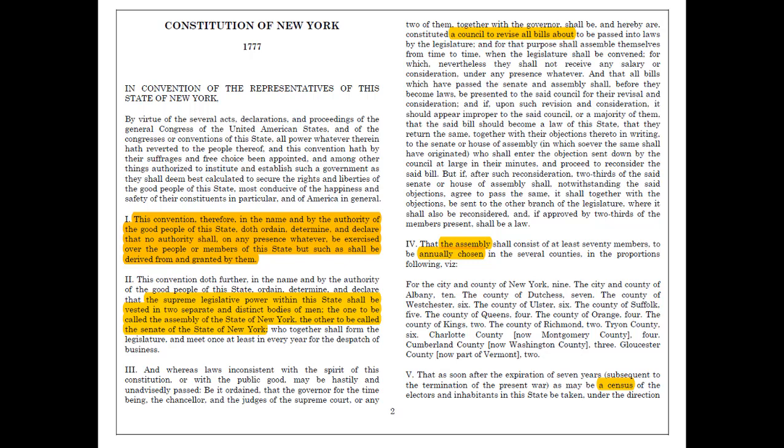Article 3 reads, "And whereas laws inconsistent with the spirit of this Constitution or with the public good may be hastily and unadvisedly passed, be it ordained that the governor for the time being, the chancellor, and the judges of the Supreme Court, or any two of them together with the governor, shall be and hereby are constituted a council to revise all bills about to be passed into law by the legislature."